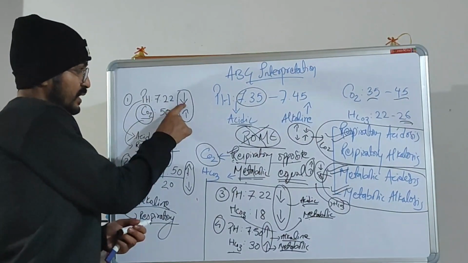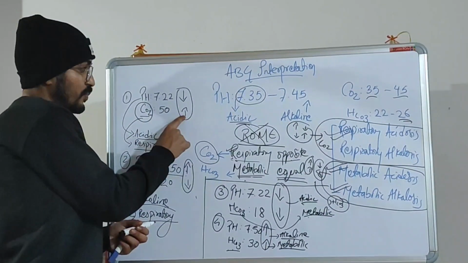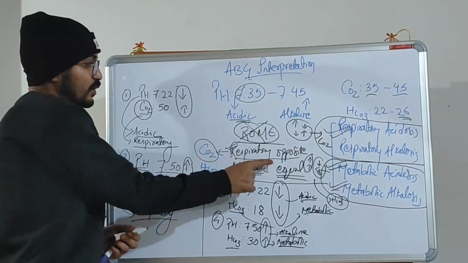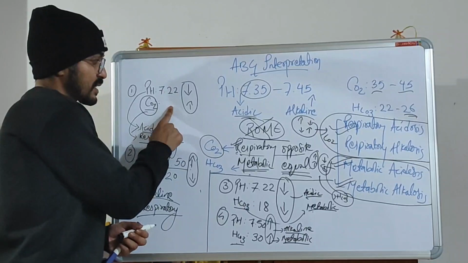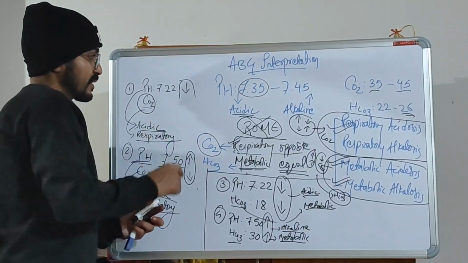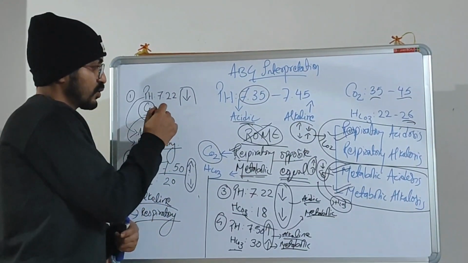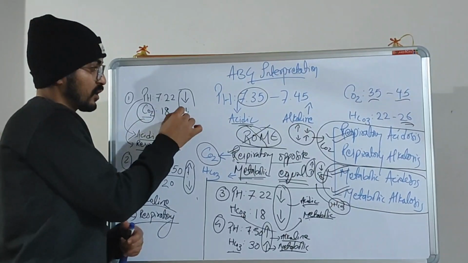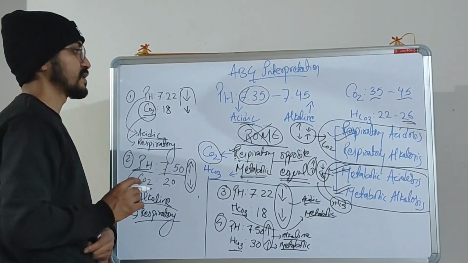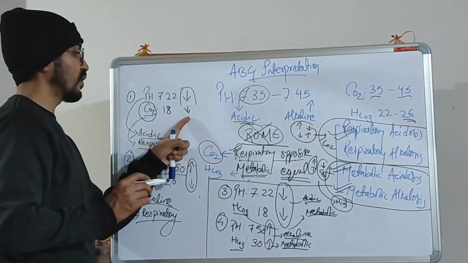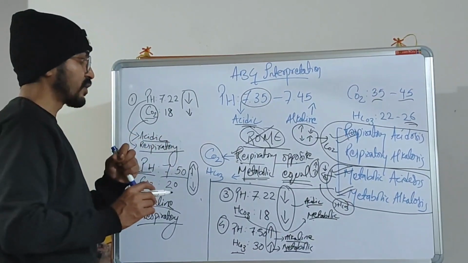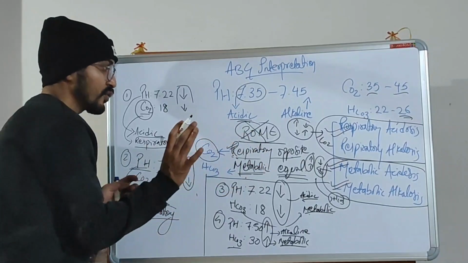Because the pH is going down, the CO2 has to go up to meet the formula of ROME, respiration always opposite, and here it is met. But sometimes pH is going down and CO2 also comes down below its normal range. Here we see the pH is going down, the CO2 is also going down, where the ROME formula has not been met.